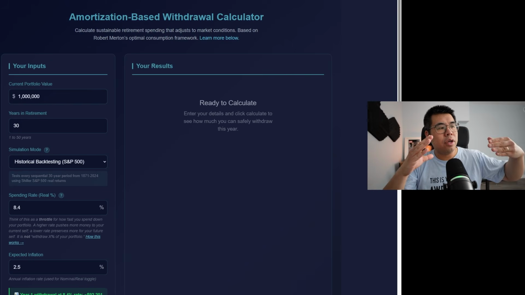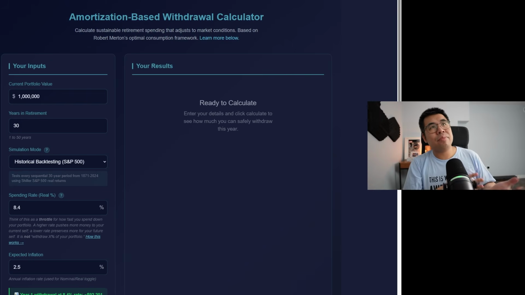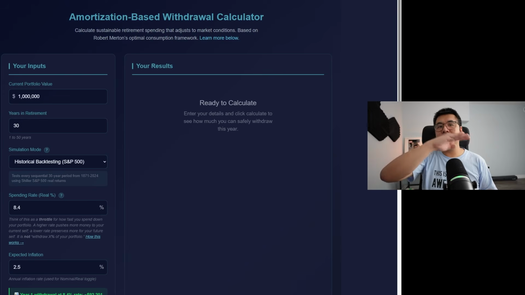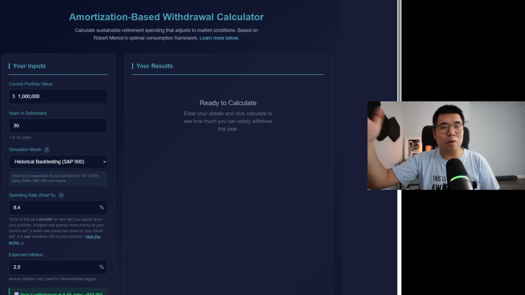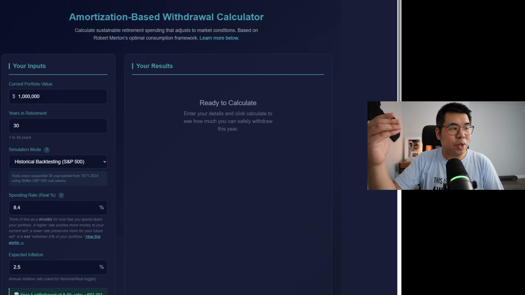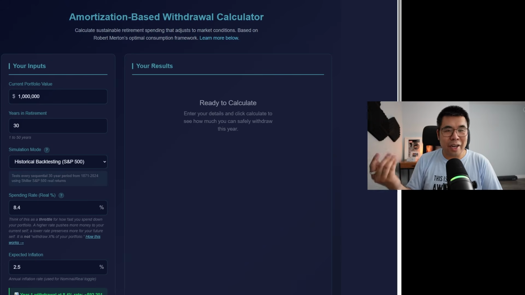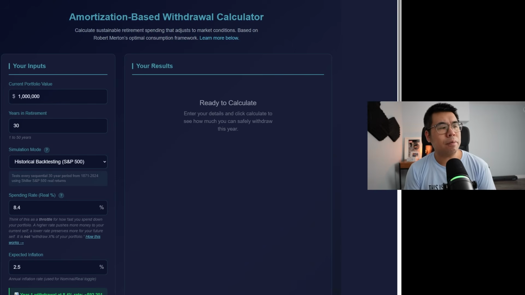So if you're thinking about it that way, you want it to be some number lower than that, because your returns will not be 8.4% in this case constantly in the future. Then you're going to be spending way too much, because you're likely going to hit periods like we saw, negative 20% or even worse. And so spend rate is some number lower than the future expected return of your portfolio.